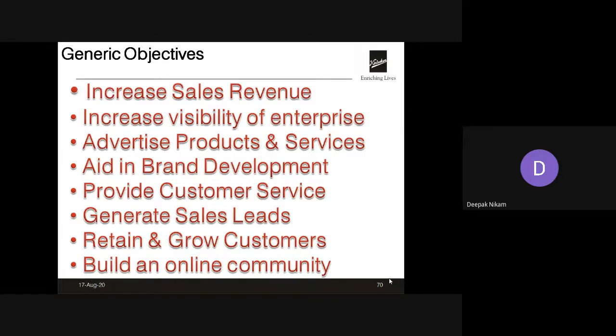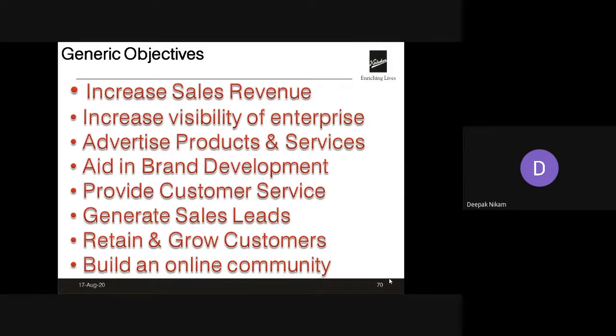They were in IT services, banking, hospital management, and some even in food and beverage services, so hotels. So the generic objectives of a site: increase sales revenues. That is primarily our main concern in today's world, which talks about the dollar being the main ruling point of any business transaction.